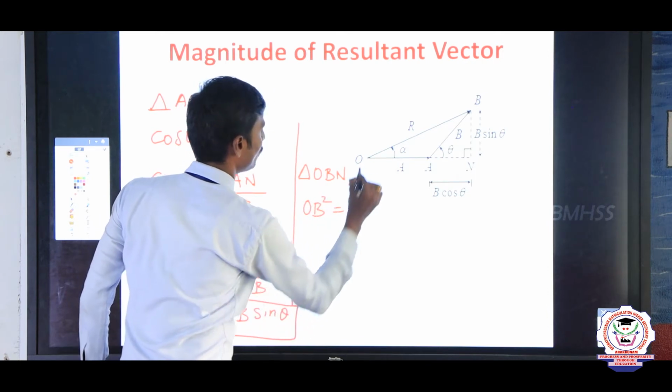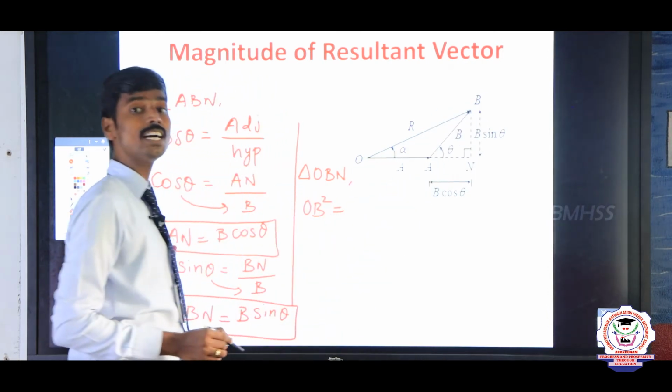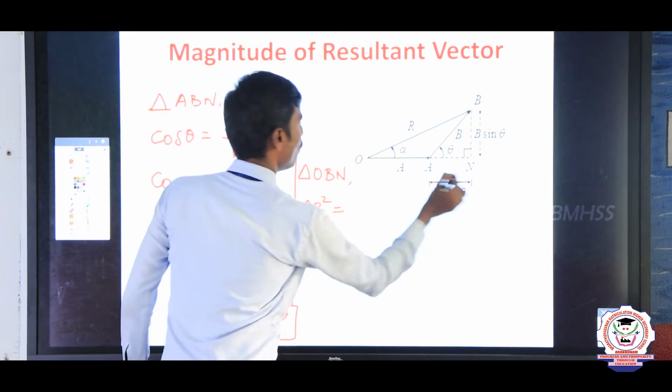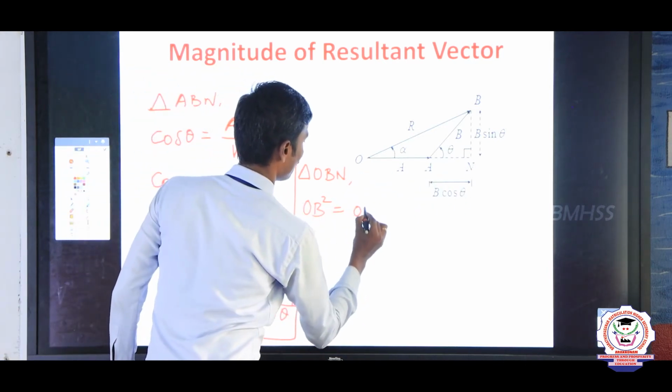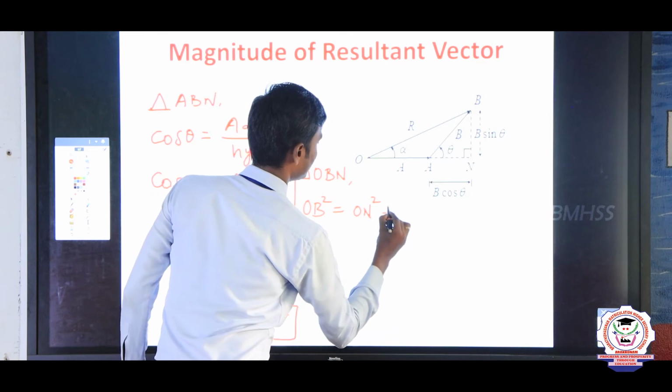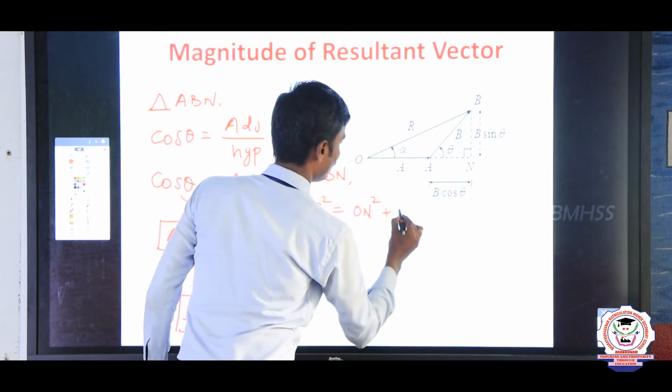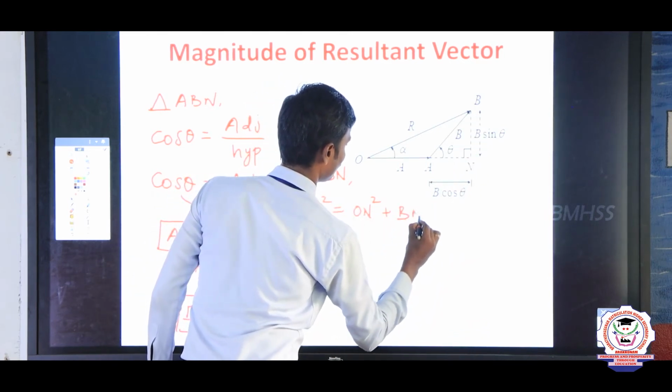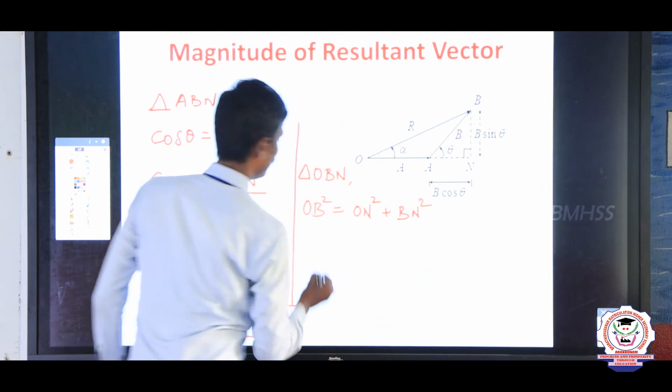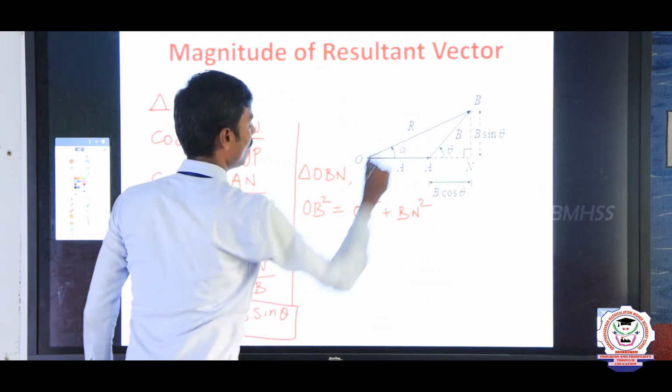What is OB square? This one is OB square, the resultant value according to Pythagoras rule. See here, ON square plus BN square. So OB square equals, as you already know very well, R square.